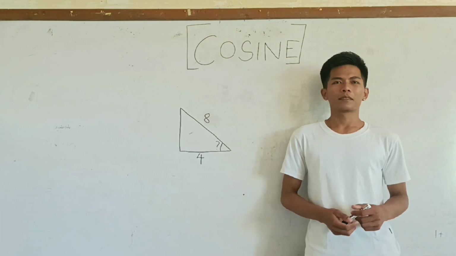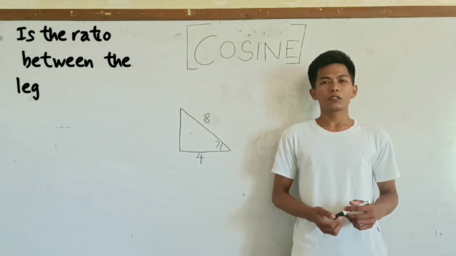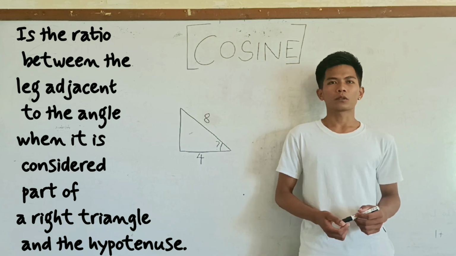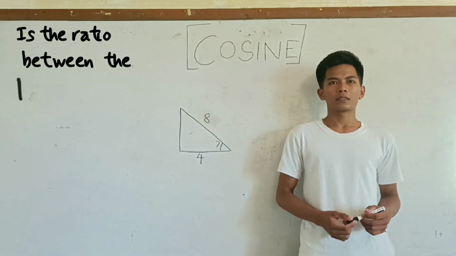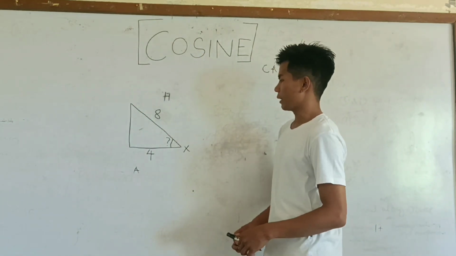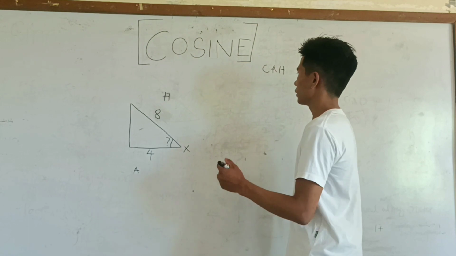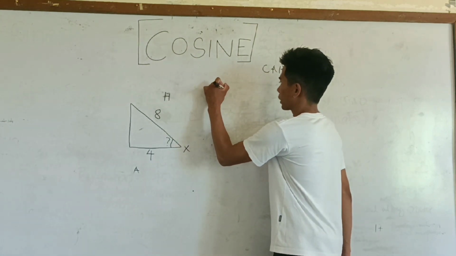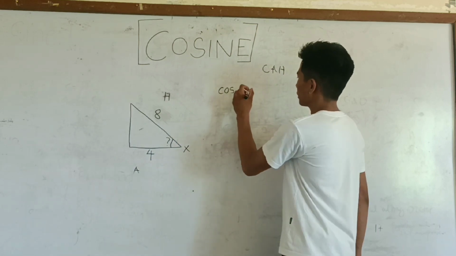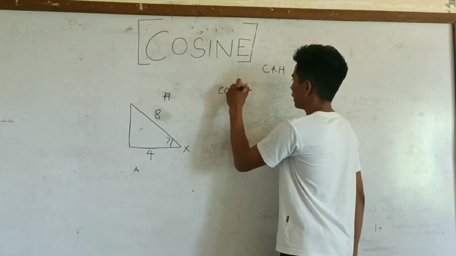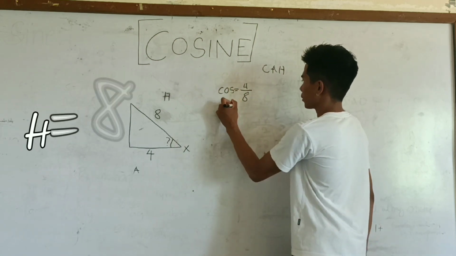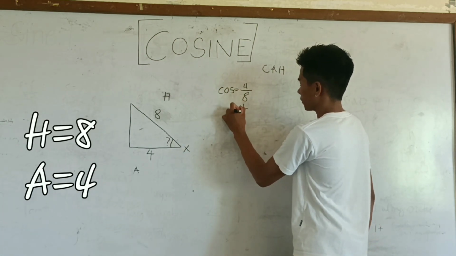What is cosine? Cosine is the trigonometric function that is equal to the ratio of the side adjacent to the acute angle over the hypotenuse. When the given sides are hypotenuse and adjacent, we can use cosine. Our adjacent here is 4, then hypotenuse 8, and simplifying this is equal to 1/2.